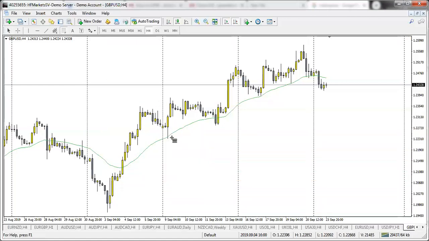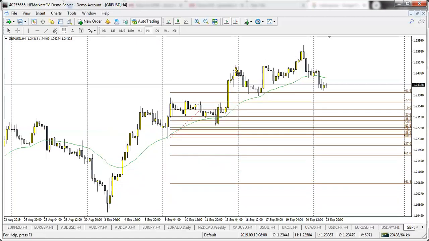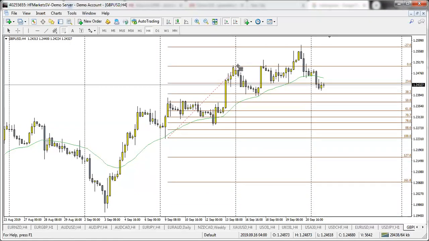Let's check it here again. So look at this. The market rallied up, and then look at this at 50.0. It's finding it hard to continue the uptrend, and after that it fell a little bit.